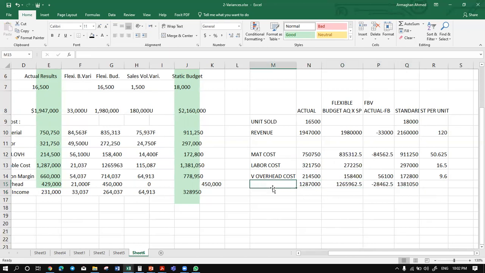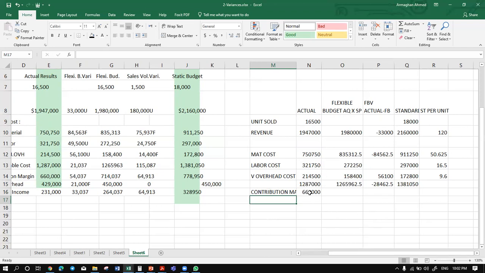So if I want to calculate contribution margin now, what is the formula? Sales minus total variable cost. Yes, sir, 660,000, right? So this is our contribution margin.